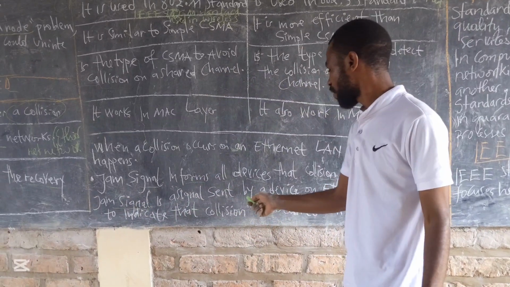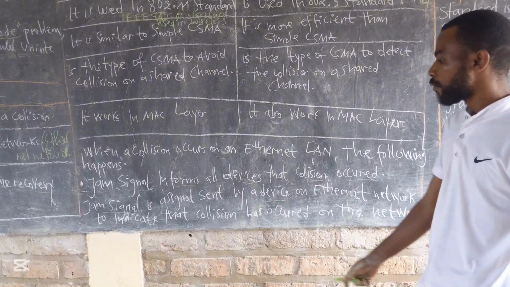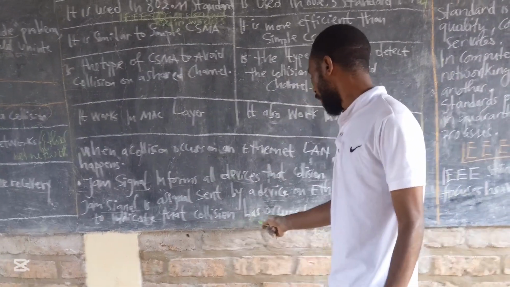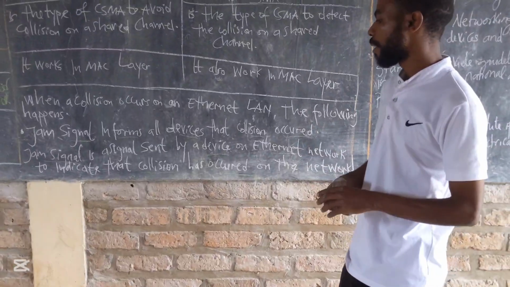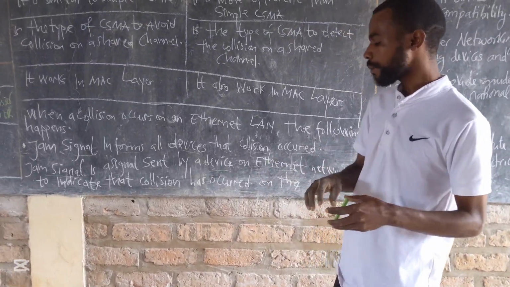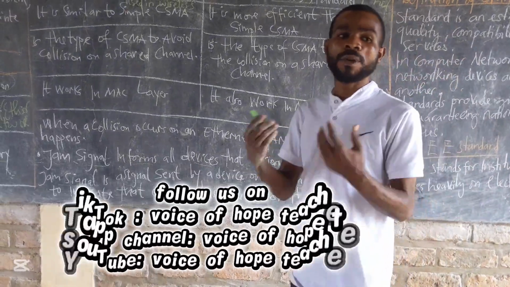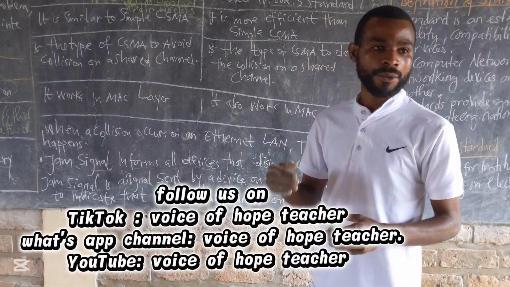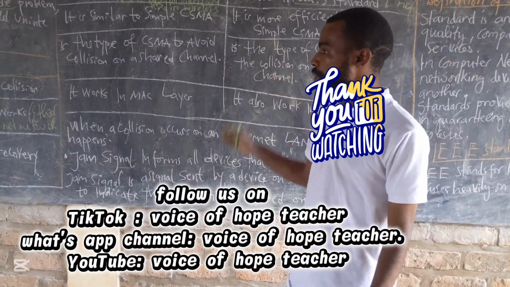It is a signal sent by a device on an Ethernet network to indicate that a collision has occurred on the network. Yego, that is the end of this one.